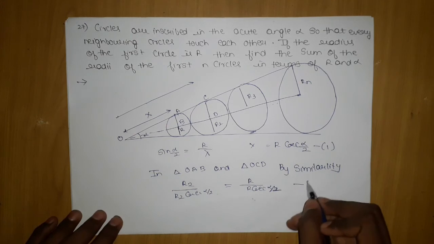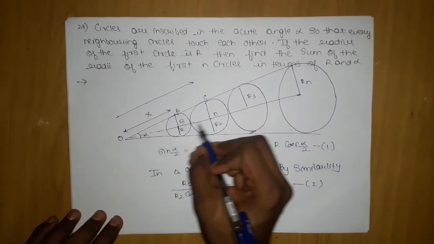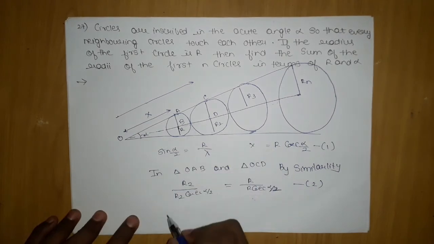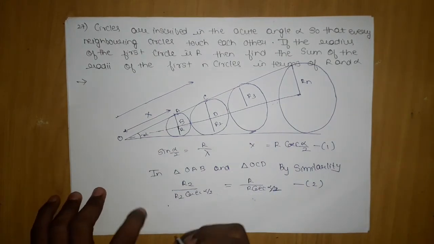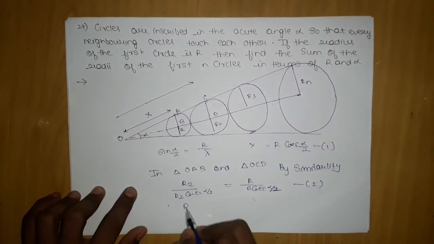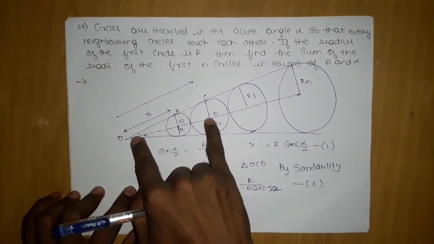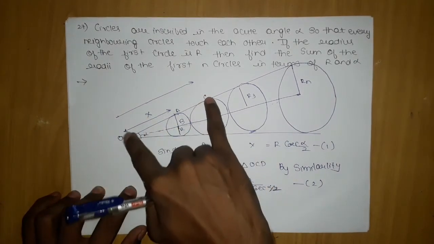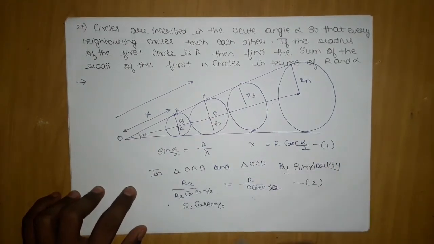We will keep it as equation 2. Now here, this OD is nothing but r2 cosec alpha by 2, which you have just found using sin alpha by 2. And OD upon this, you will say some y and you will get y as r cosec alpha, like you did in the first.